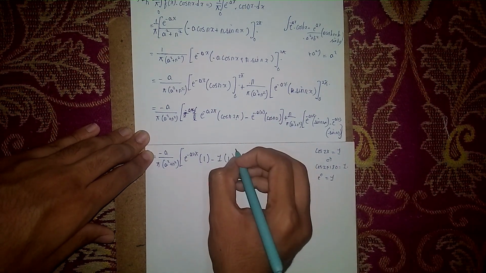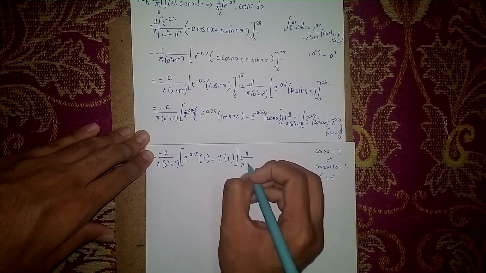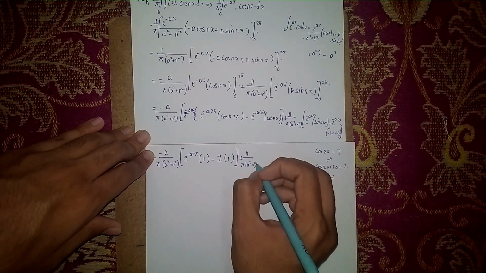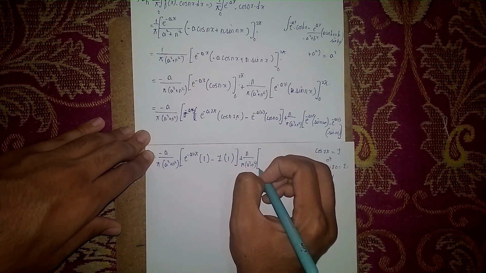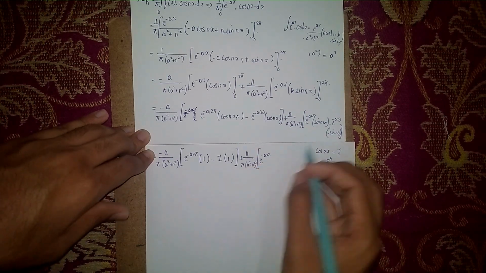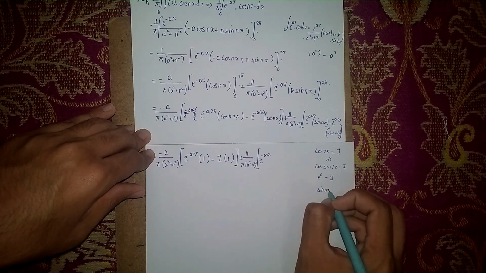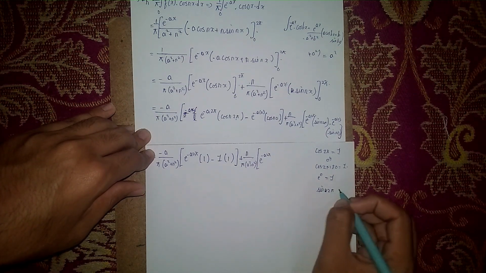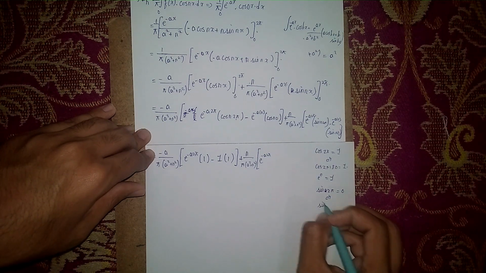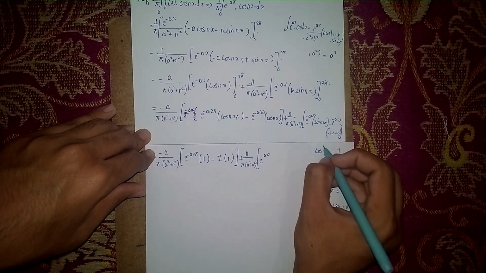Now close the bracket, then plus of n by pi into a square plus n square, open the square bracket, e power minus a 2 pi, you will keep this as it is. Always sin n 2 pi is equal to 0, or sin 2 into 180 equal to 0, pi is equal to 180 degrees in trigonometry.